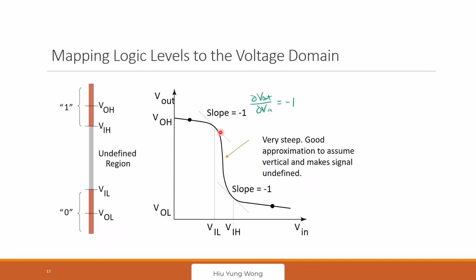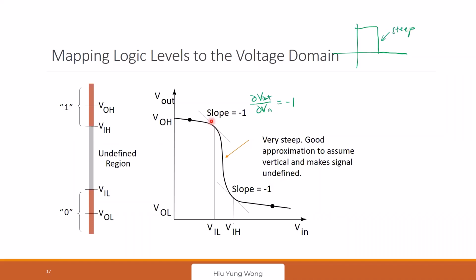Because you see that when you are between these 2 slope points, you have a very steep slope. You can just assume that this region is like a straight line, because an ideal inverter would be something like this, right? This is the ideal one. Very steep, very steep. So this is just an approximation.